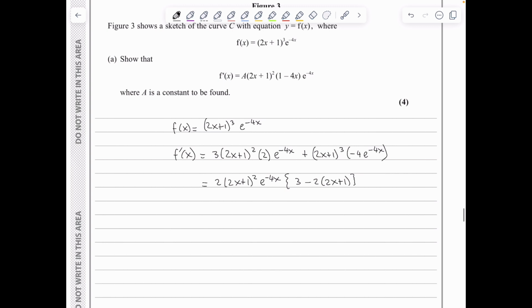So we're looking at 2 brackets 2x plus 1 raised to the power of 2 times e to the minus 4x, and in brackets we've got 3 minus 4x minus 2, and therefore we've got 2 brackets 2x plus 1 raised to the power of 2 e to the minus 4x times 1 minus 4x, which matches exactly what we have here, which means we can safely conclude that the capital A is equal to 2.